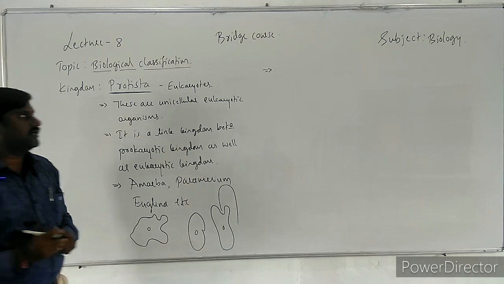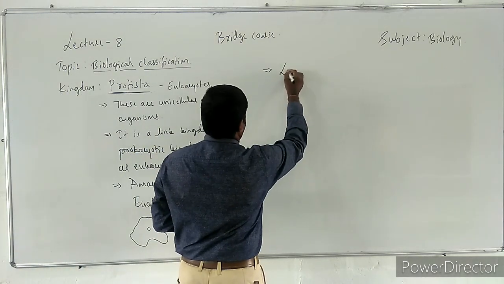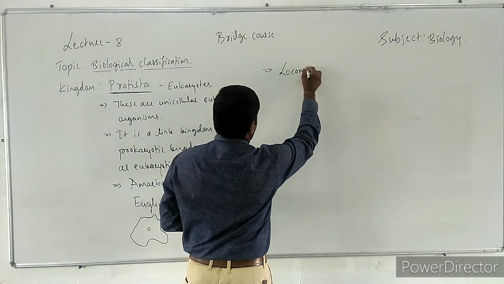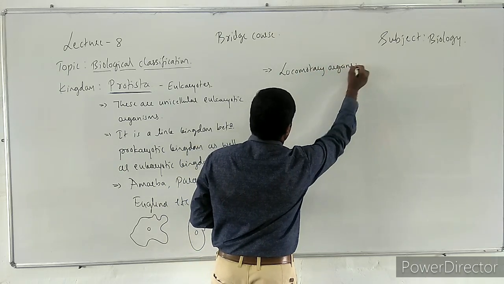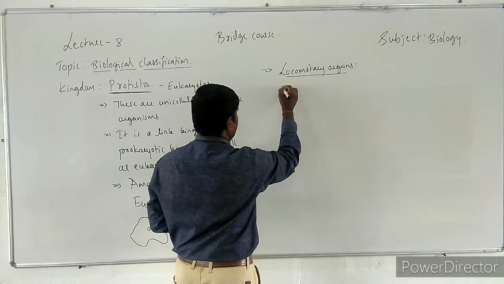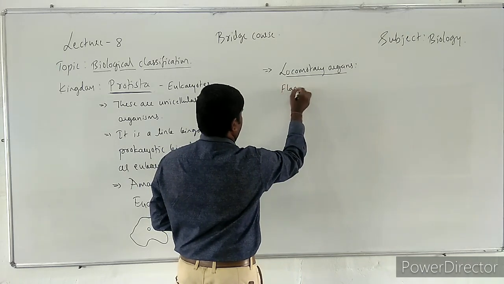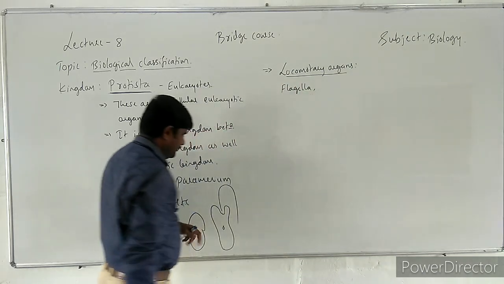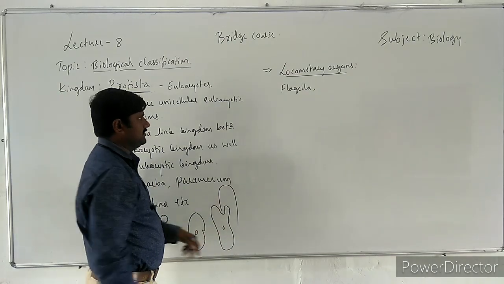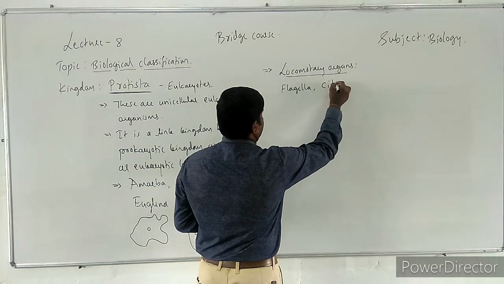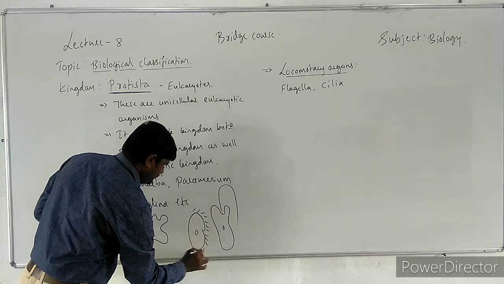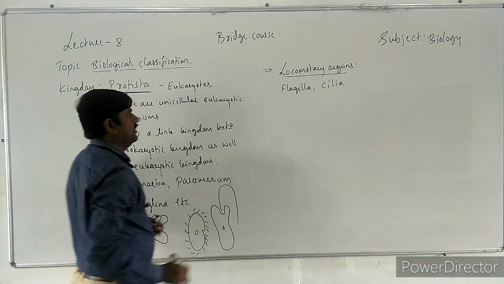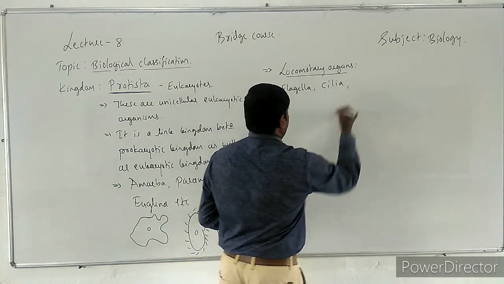Next characteristic feature of this Protista. The locomotory organs in these animals are flagella. You are observing here in euglena, flagella is there. Cilia, you are observing here in paramecium.